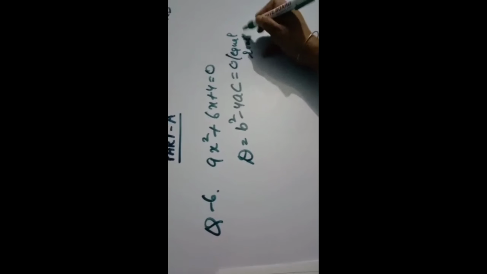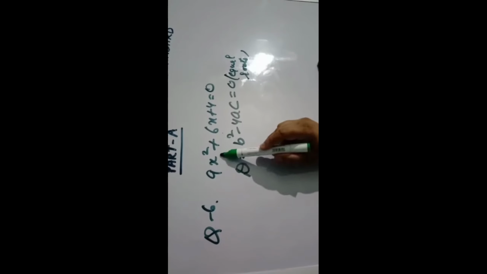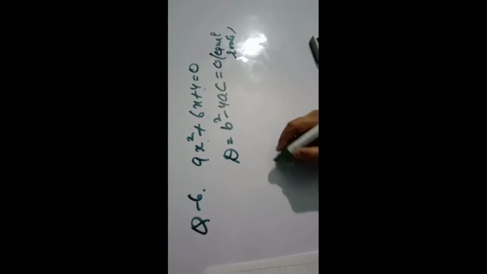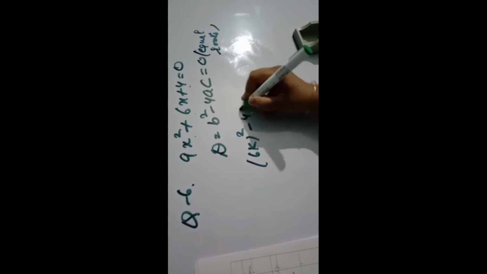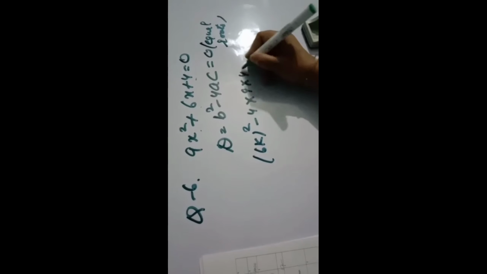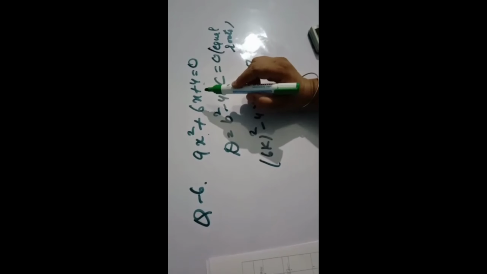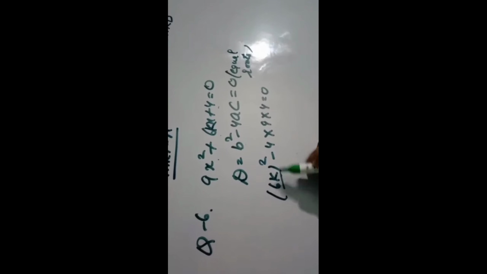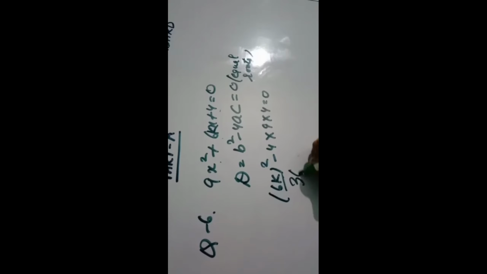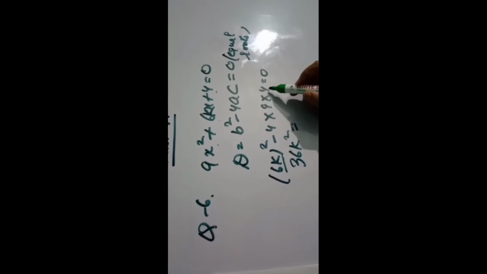So b is the coefficient of x, a is the coefficient of x square, and c is the constant term. According to this you will get (6k) square minus 4 into 9 into 4 equal to 0, because here 6kx is there. So here 6k square comes, that is 36k square, and 4 into 9 is 36, 36 into 4 you will get 144.